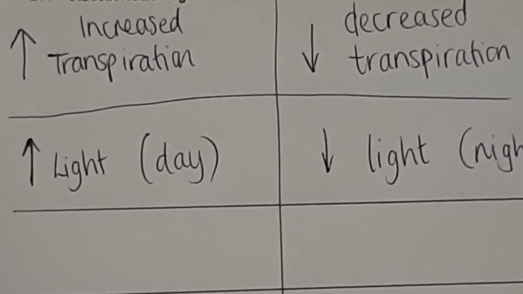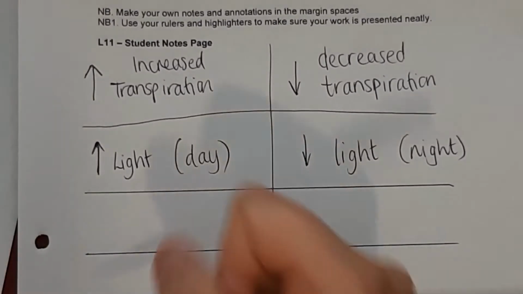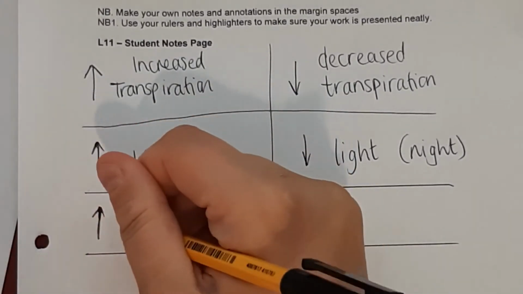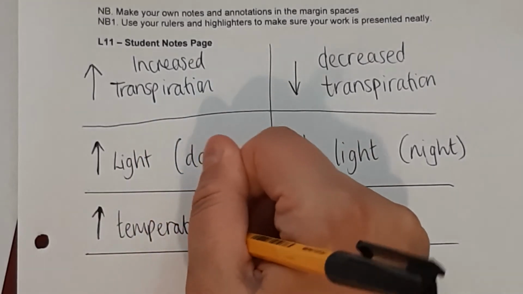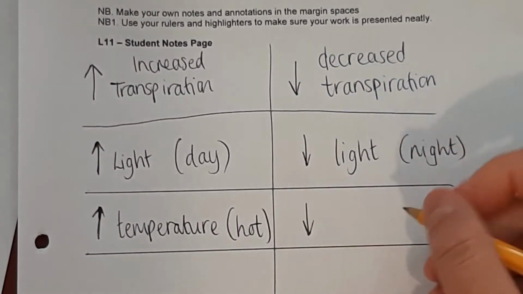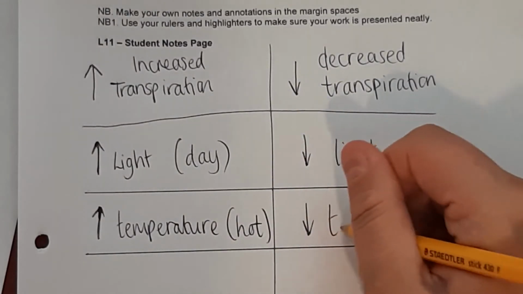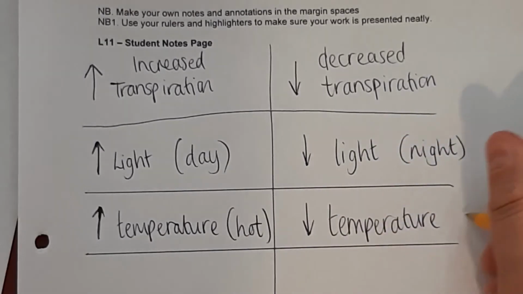Okay, so for increased transpiration, we're going to want a high temperature. So when it's hot. And for less transpiration, we're going to have a lower temperature. So when it's cool or cold.